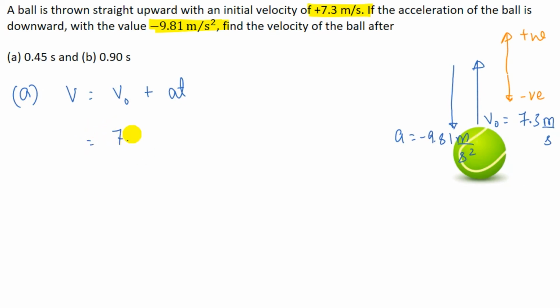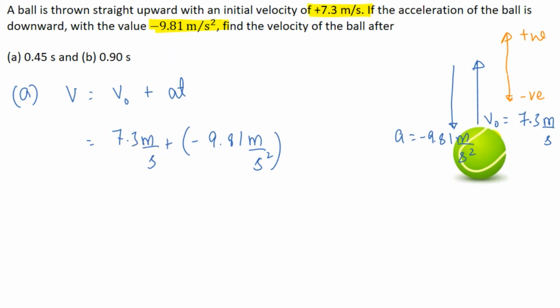This is 7.3 plus, now acceleration is 9.81 negative because it is in the downward direction, so minus 9.81 meter per second squared, and the unit is meter per second.